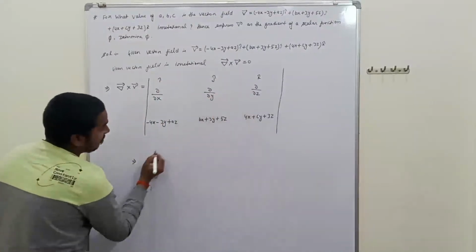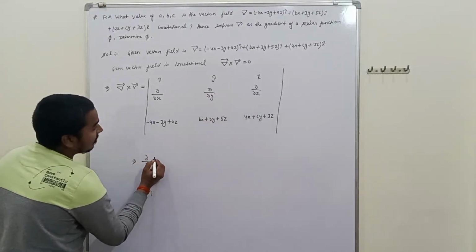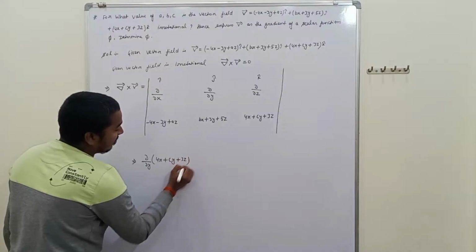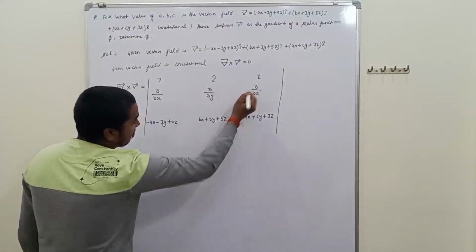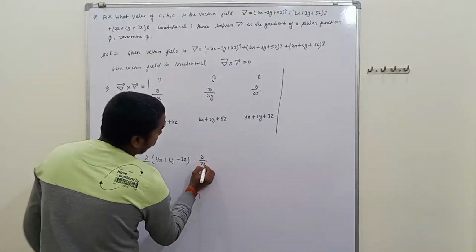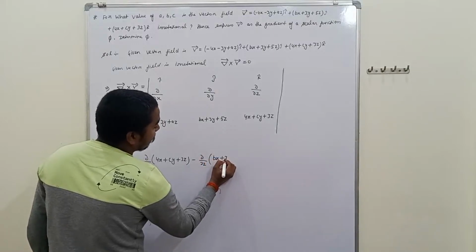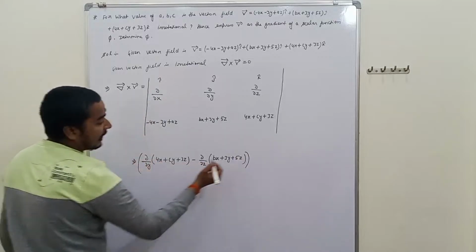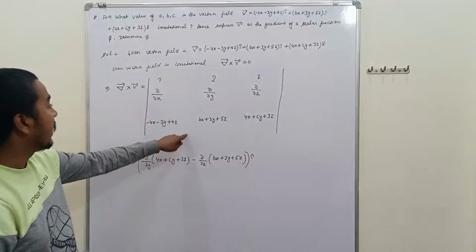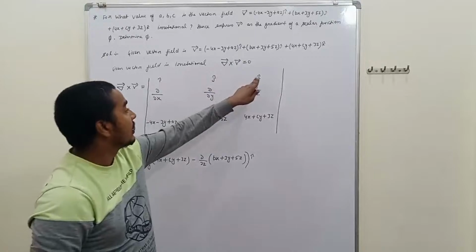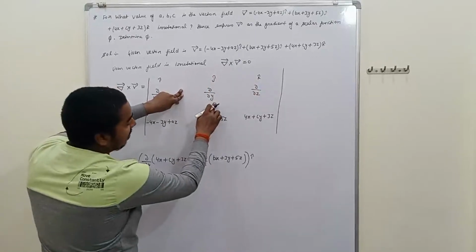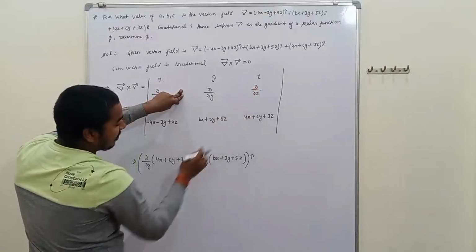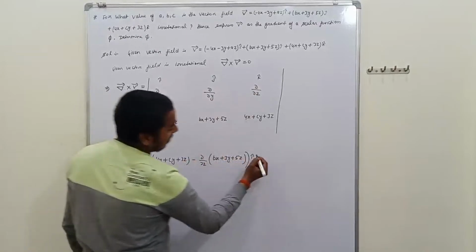Then del y of 4x plus cy plus 3z, and minus del z of bx plus 3y plus 5z. Cross multiplying, del y of 4x plus cy plus 3z, and taking minus del z of the other component.